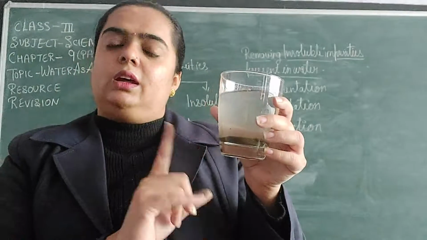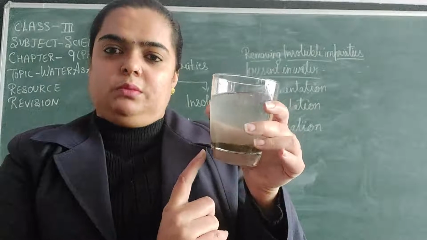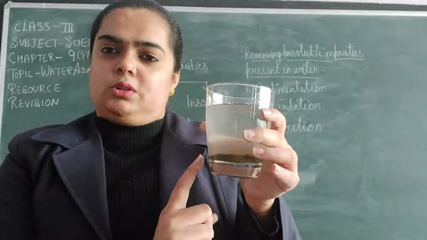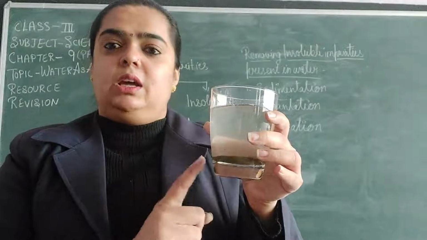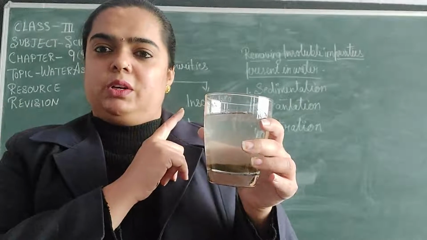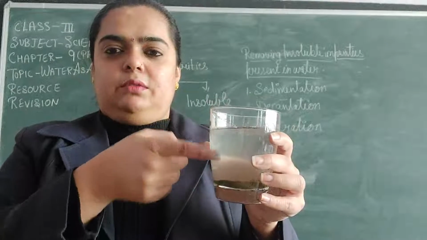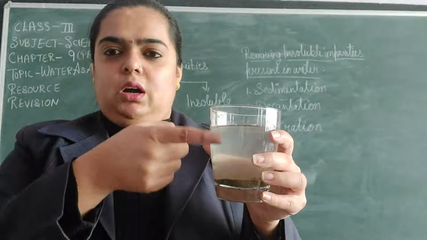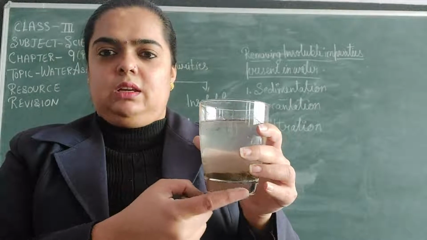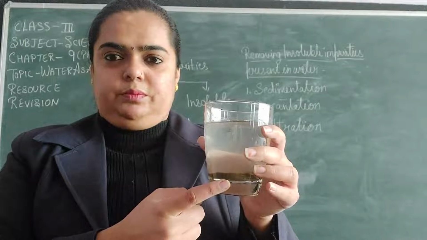So when the mud settles down at the bottom, this process is called sedimentation. This is the first process for removing insoluble impurity. Okay. So now what is happening? We have the clean water up and at the bottom we have mud.